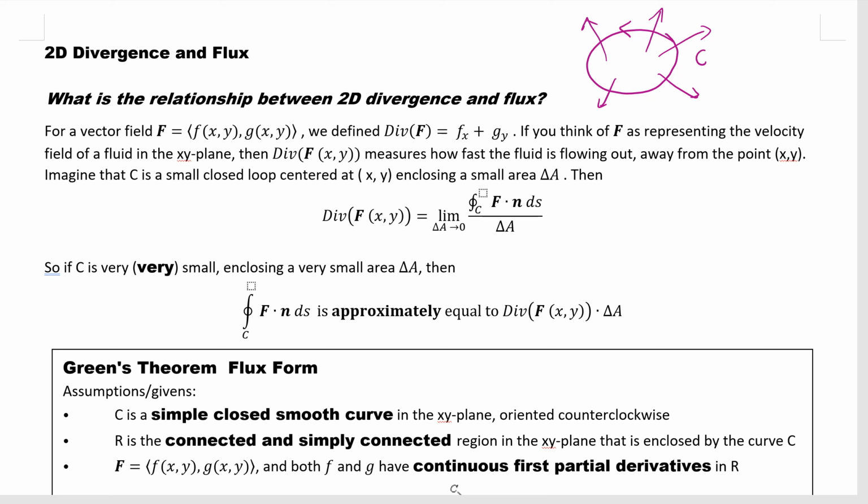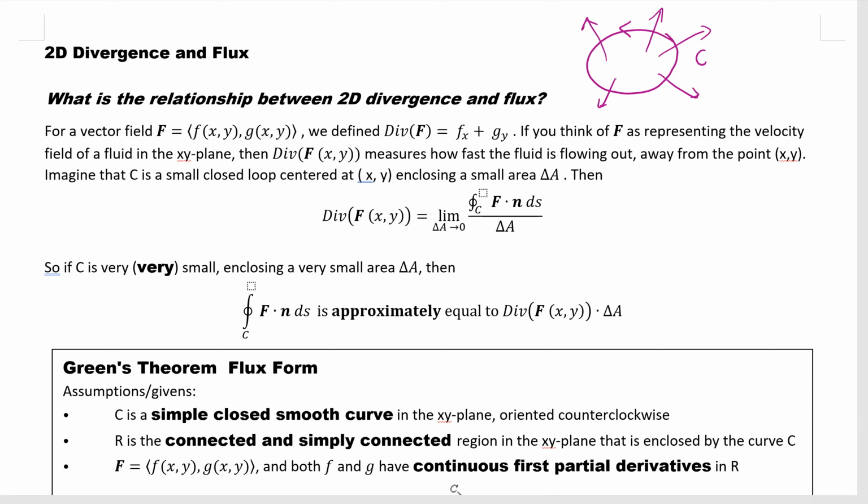Imagine C is a small loop that encloses a small area change of A. Then the divergence measures the flowing out, which is like the flux on that small area. If the loop is very small, enclosing a very small area, then the flux is approximately equal to the divergence times change of A. So far so good, everybody?